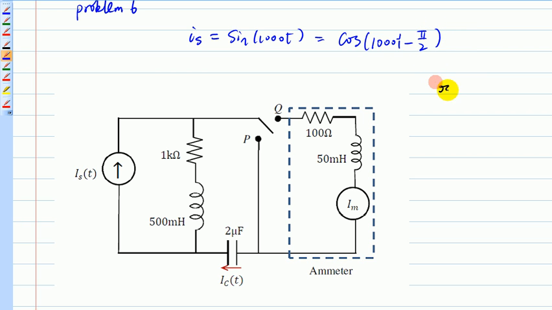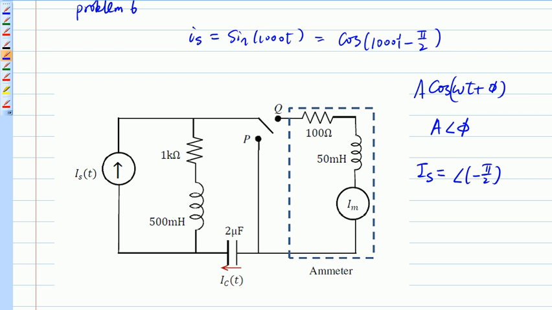For anything of the form A cosine omega t plus phi, the phasor is A angle phi. So in this case, the phasor IS, with a capital, is going to be A is 1, angle is negative pi over 2. That's the phasor for the input current source here.